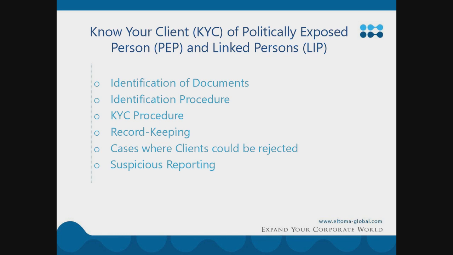Also, we will cover information about identification of documents, identification procedure, in general, how KYC procedure covers politically exposed person, also requirements for record keeping, cases where we should reject the clients, and suspicious reporting as well.